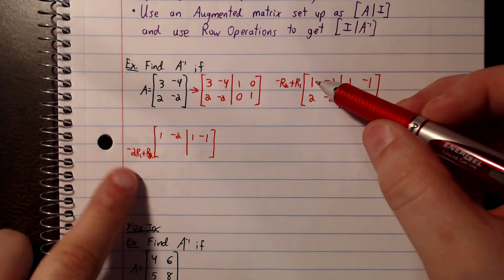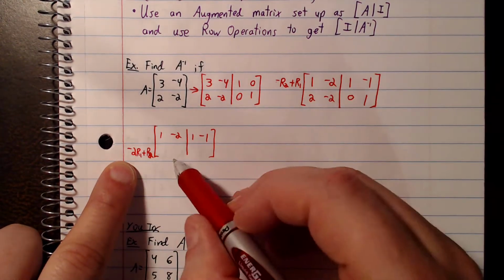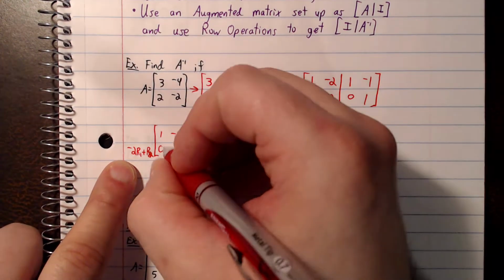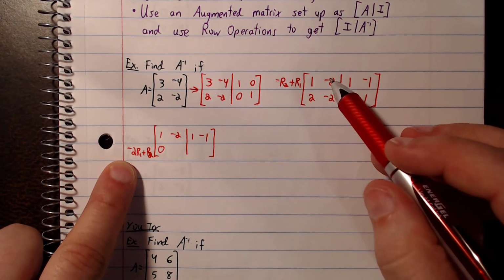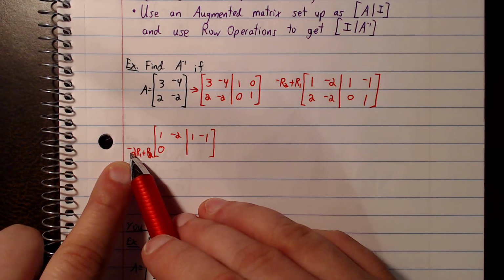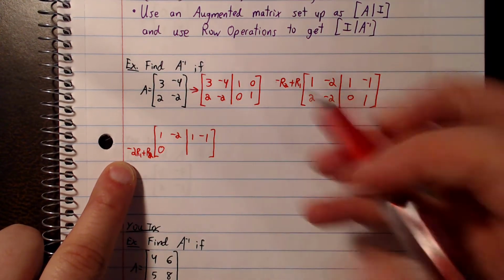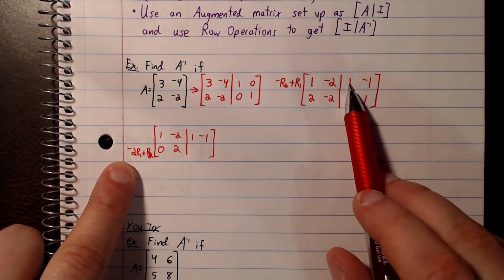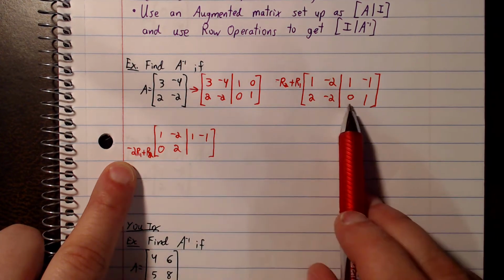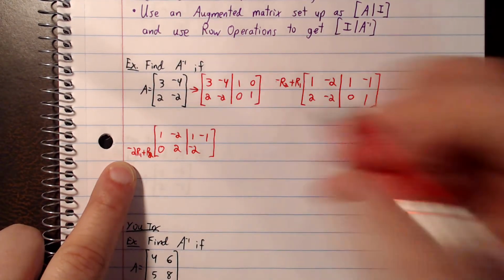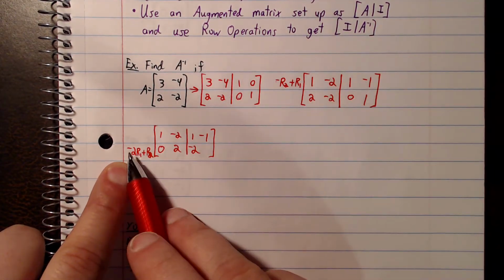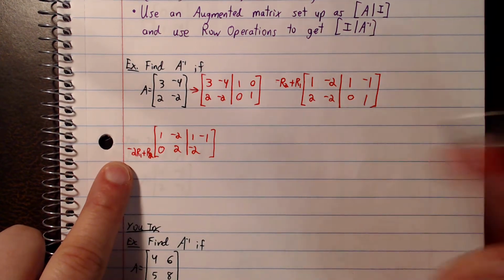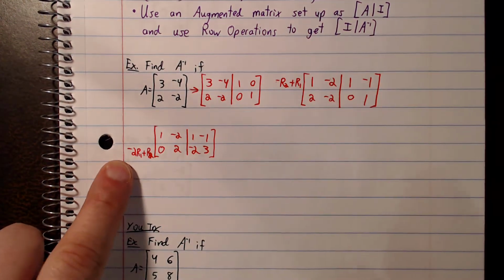Now I can do this, right? 1 times -2 plus 2, that's 0. -2 times -2 is 4, minus 2 is 2. 1 times -2 is -2 plus 0. And -1 times -2 is +2 plus 1 is 3.